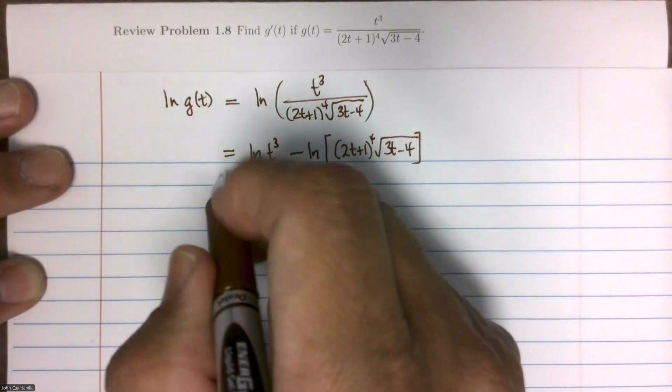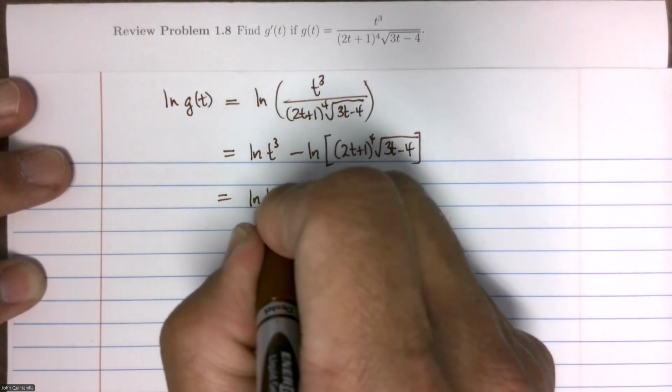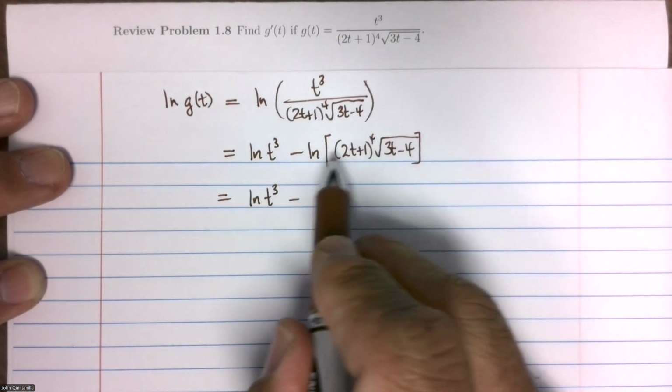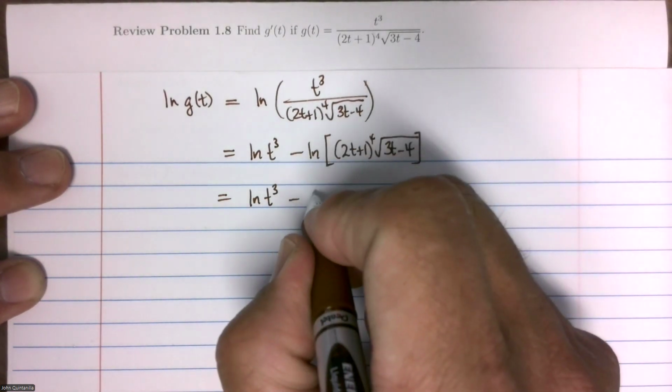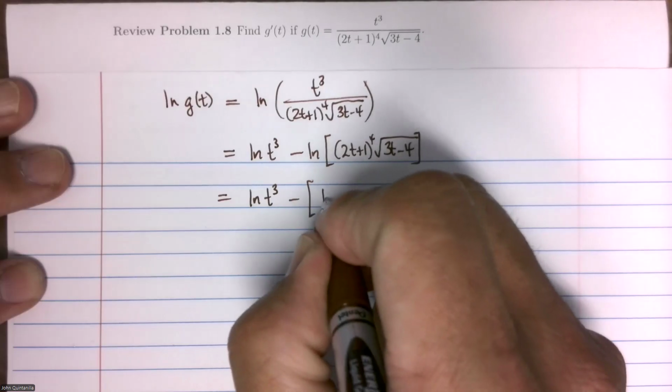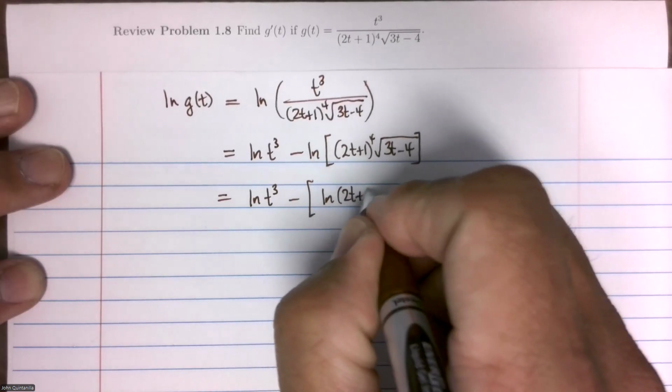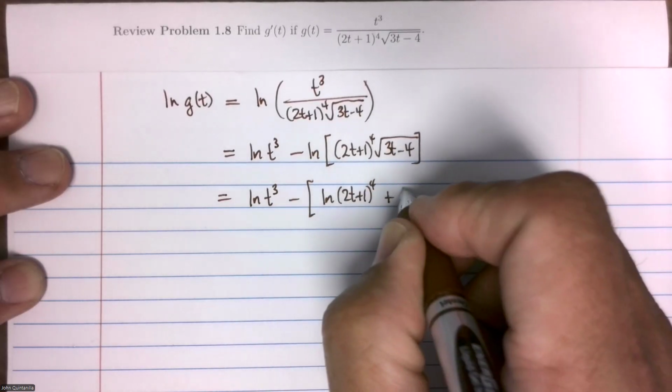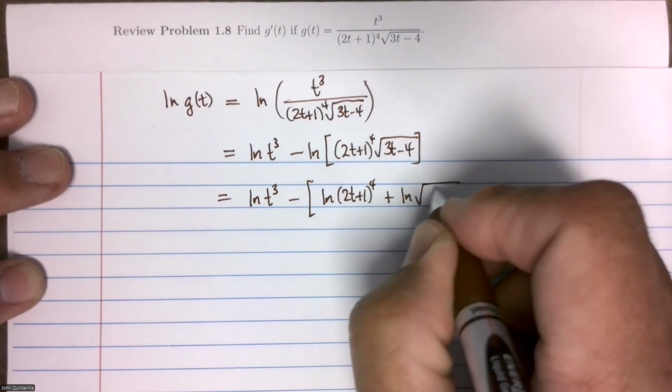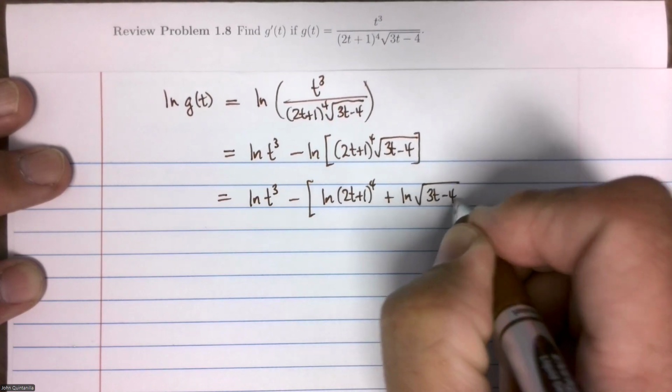Okay, for the moment, I'm going to keep that first term unaffected. Natural log of a product is the sum of natural logs. So this becomes natural log of (2t plus 1) to the fourth plus natural log of the square root of 3t minus 4.